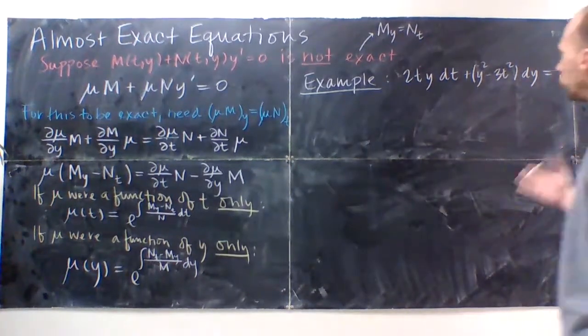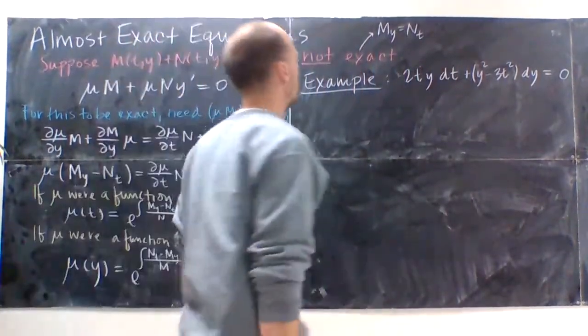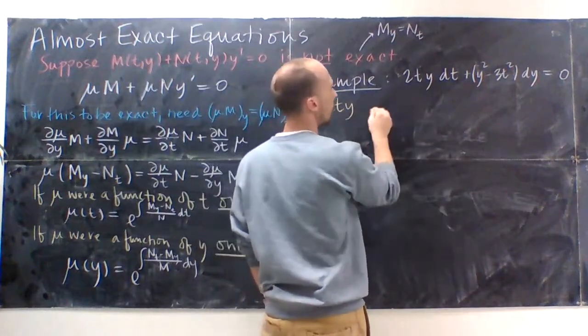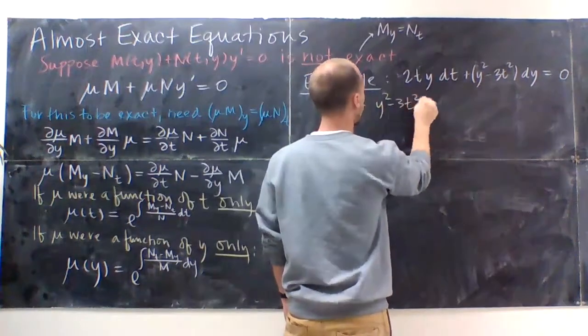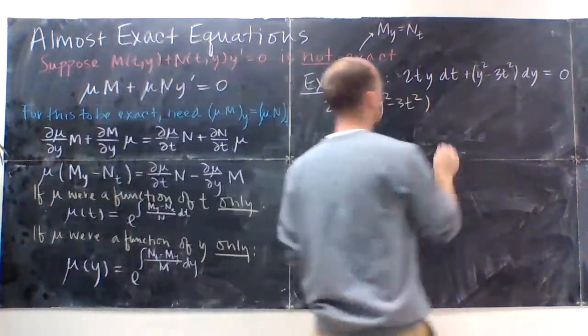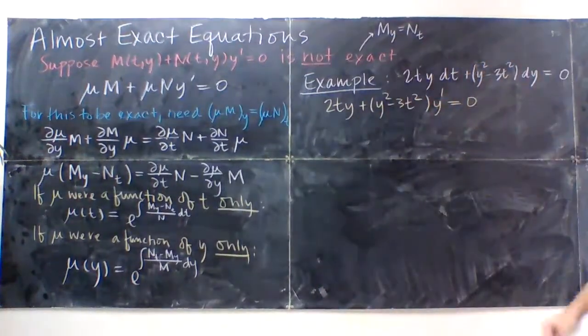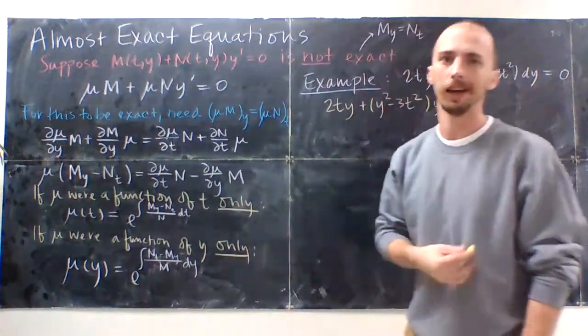I'm just going to work this in yellow. So I'll say 2ty plus y squared minus 3t squared, and dy dt is y prime, equals 0. This is looking like the type of thing I need to check to see if it's an exact equation.